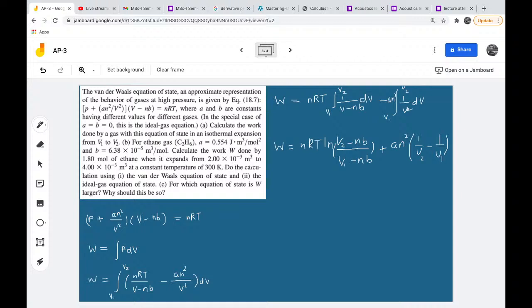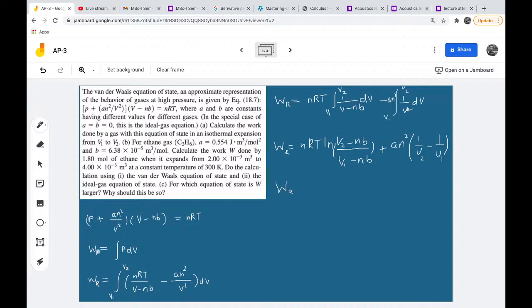Now calculate the work done W in case all these values are given. You can see n is given, V1 and V2 are given, a and b are given, and temperature is given. So almost all the values are given. You can substitute it in this and calculate. I have already done this calculation. If you do this as van der Waals or real gas assumption, which I'm doing here right now, this is the real gas assumption.